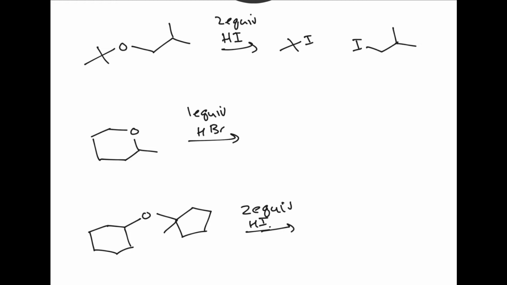If you're doing the mechanism, you need to remember like, oh, I have a tertiary carbon, so I'm going to make this alkyl iodide first, and then make the second one. Right, so I'm going to make the more substituted one first, and then I make the second one. So just don't forget the order. But if I just ask for, yo, what's the product? 2 iodides, you're a happy person, move on.